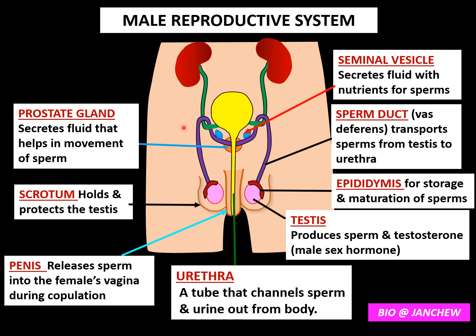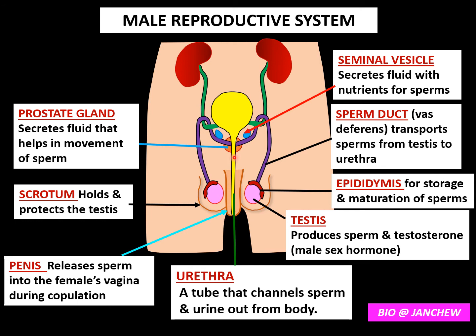Then the sperms will also pass through the prostate gland, which secretes fluid that helps in the movement of the sperm. And below the prostate gland there is another gland called the Cowper's gland or bulbourethral glands. It's not shown here, but this will be stated in the notes afterwards.